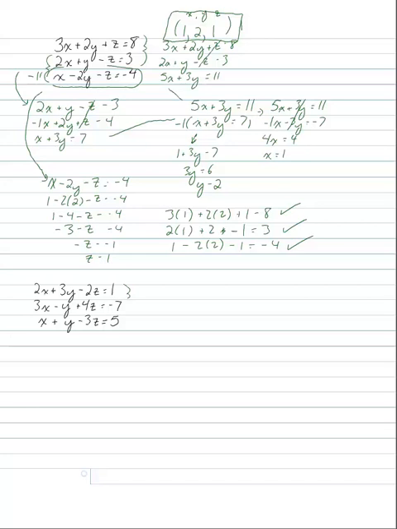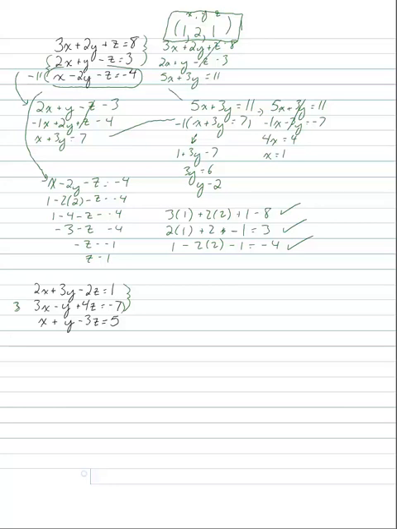I'm going to do the same thing I did before, work with my first 2 equations first. So in order to get the same number opposite signs, I'm going to multiply a 3 times that second equation. That way I'll have a 3 in front of the y and a negative 3 in front of the y.